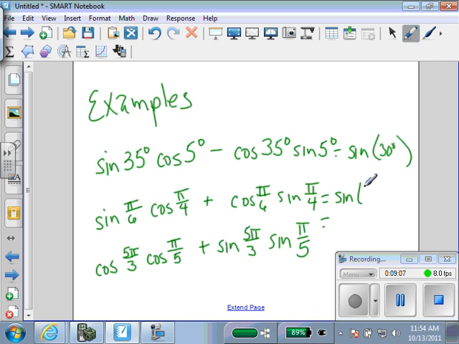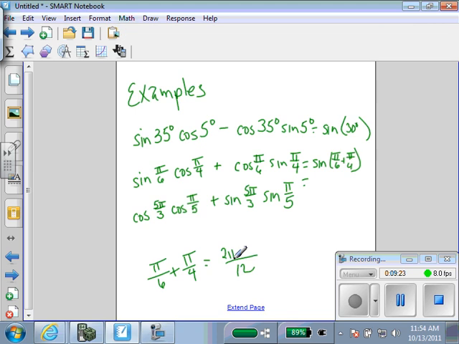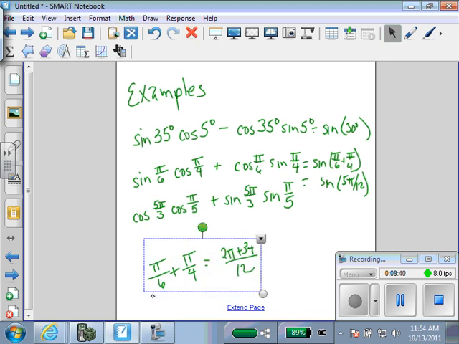It's going to be the sine of pi over 6 plus pi over 4, which, if I do some fraction work, pi over 6 plus pi over 4 is common denominator of 12, so 2 pi plus 3 pi would be the sine of 5 pi over 12.